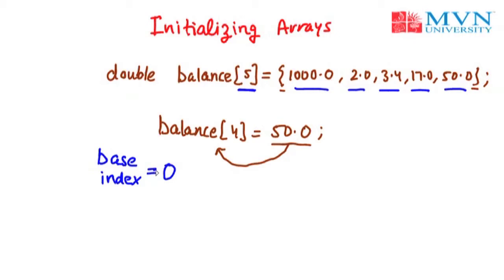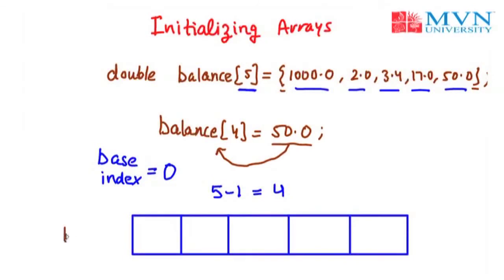What it means is, if the size of an array is 5, then the last element of the array will be 5 minus 1, that is 4. We can see here balance is the name of an array, and 0 is the base index. An array always starts with the base index 0. The first element is 1000.0.